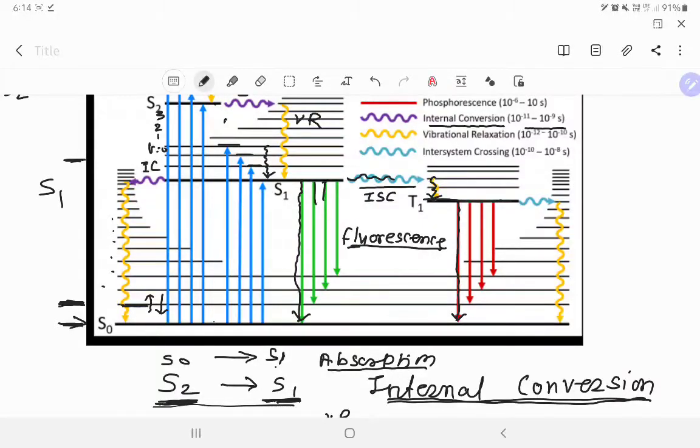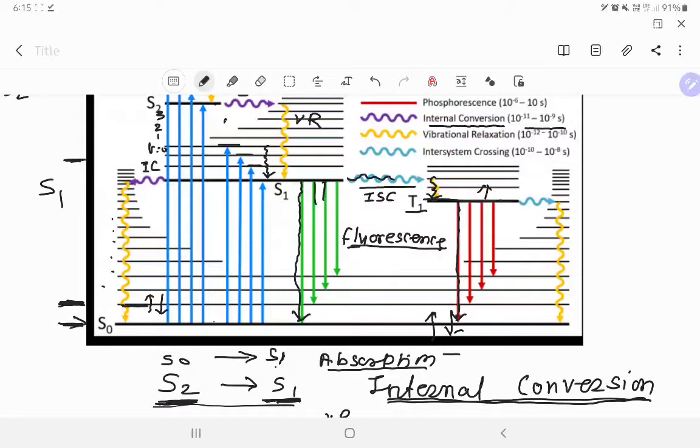What does it require? Again there is a triplet to singlet transition. Triplet means the electron spins are parallel, and in the singlet state the electron spins are paired. Here the electron spins are parallel, due to which it is called a triplet state. For this transformation from triplet to singlet, there should be a change in spin of the electron.